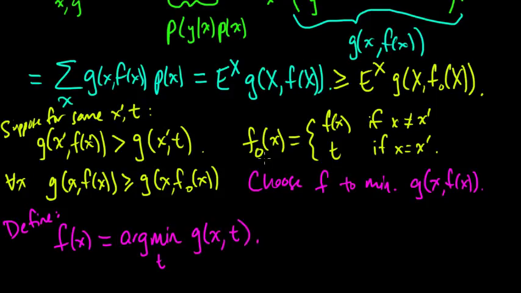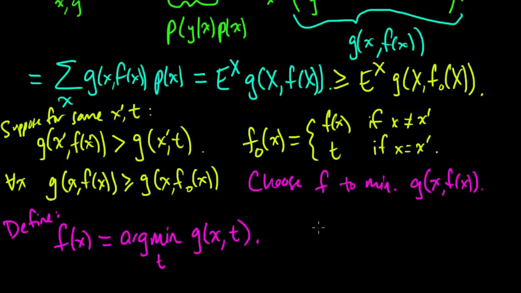That was what we were doing here. We were finding that we could always improve f if we found some t like this. So let's just define it to be the value of t that minimizes that quantity.